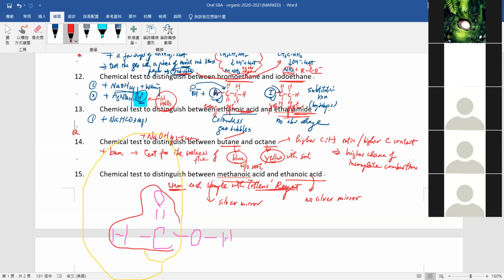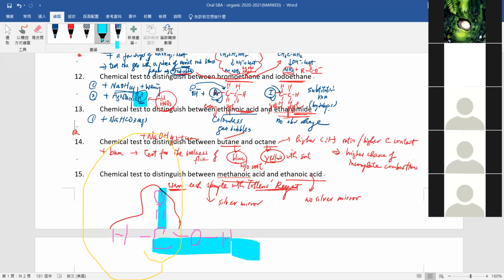Most of you may think of COOH as the functional group, but indeed there is another part. You may think the other way round and treat it as an aldehyde. That's why methanoic acid can be further oxidized.